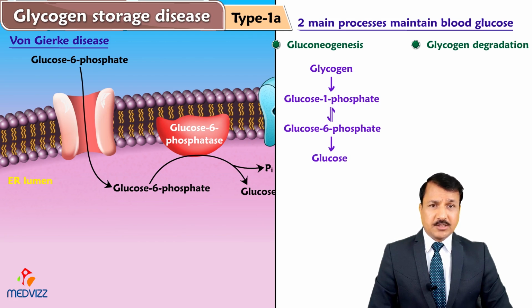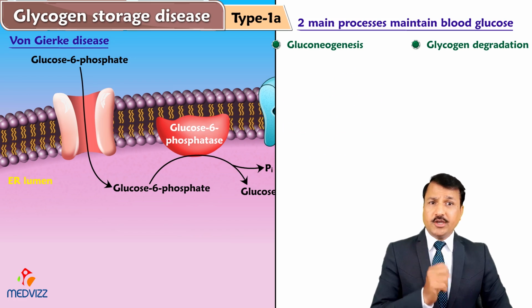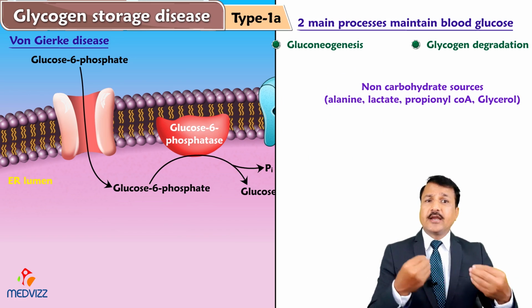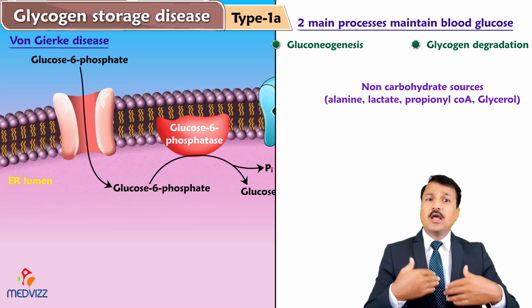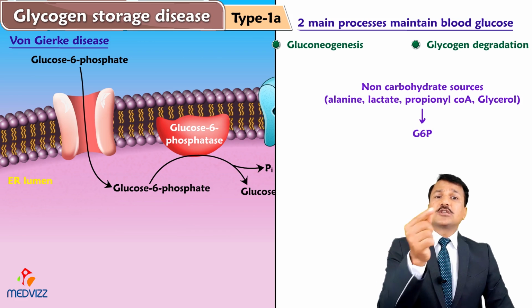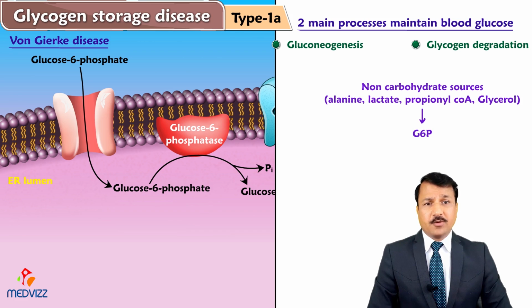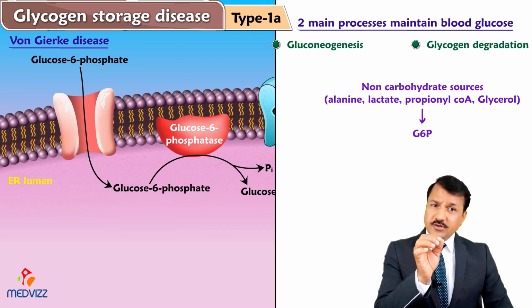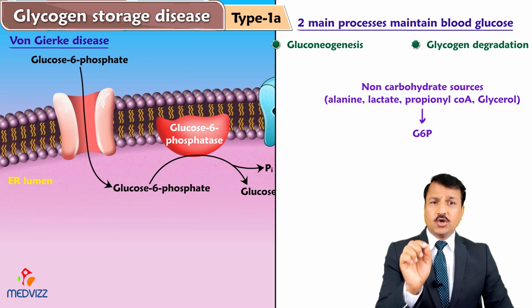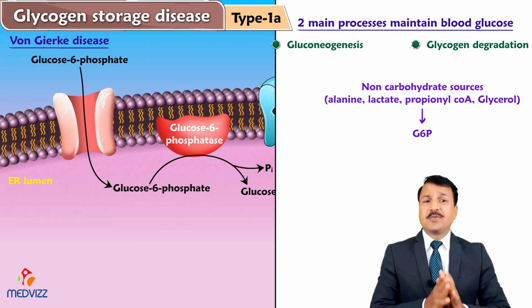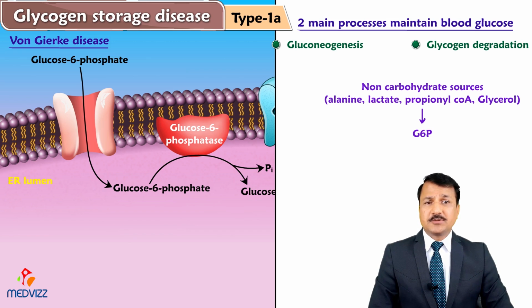Similarly, for gluconeogenesis, when non-carbohydrate sources like alanine, lactate, propionyl-CoA or glycerol are converted into glucose 6-phosphate, it has to go into the lumen of the endoplasmic reticulum to be converted into glucose. For both processes, gluconeogenesis and glycogen degradation, you need glucose 6-phosphatase as the final enzyme, and that is there in the lumen of the endoplasmic reticulum.